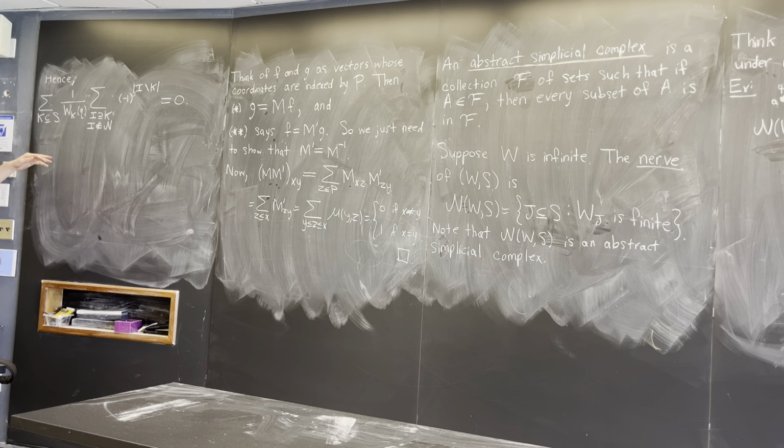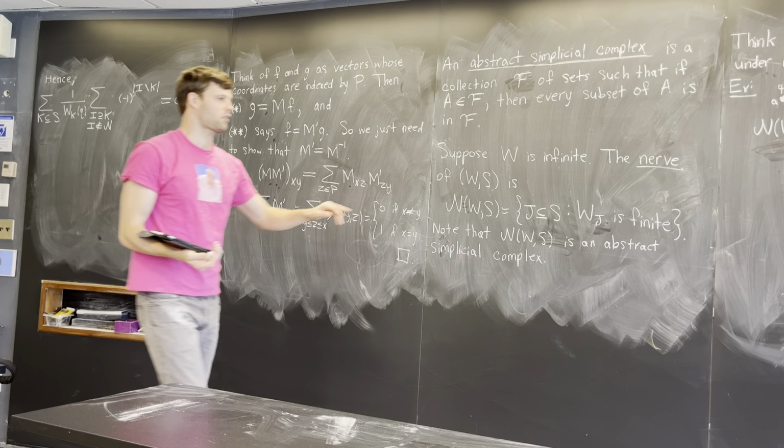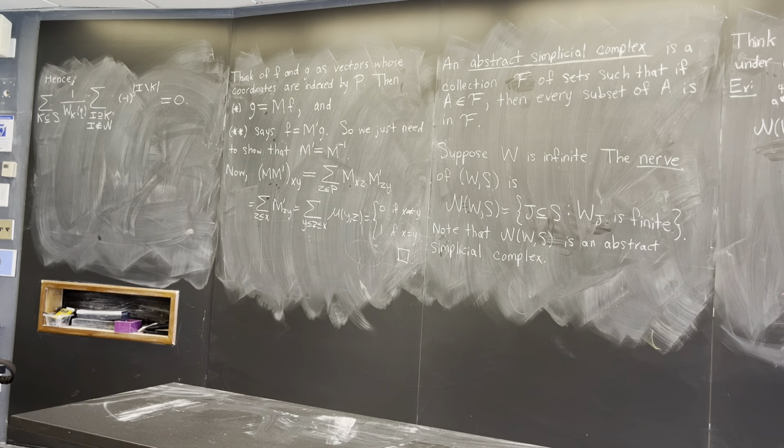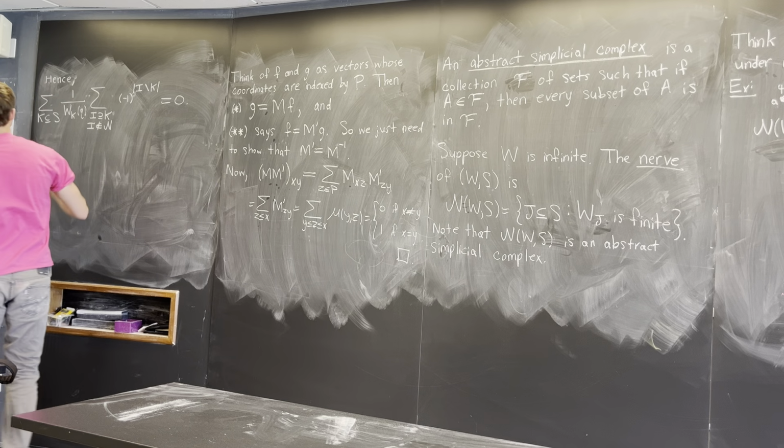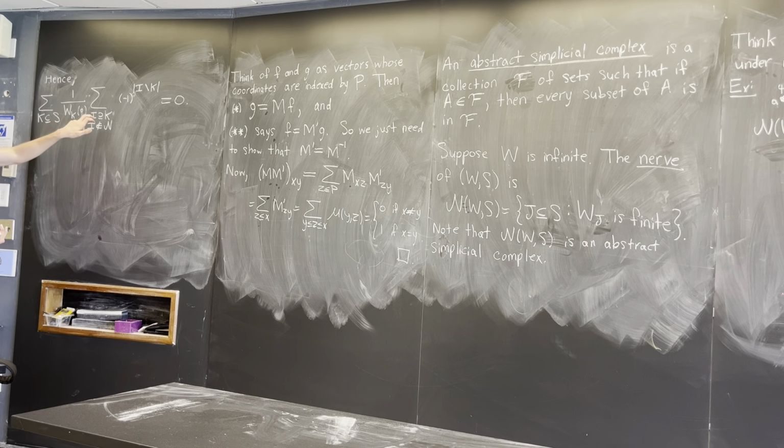Well, that's just rearranging this sum. I'm saying instead of summing over all I that are not in the nerve and then summing over subsets of I, I'll just sum over subsets of S, and then sum over I containing k and I not in the nerve.